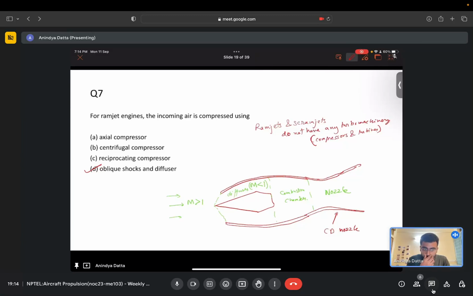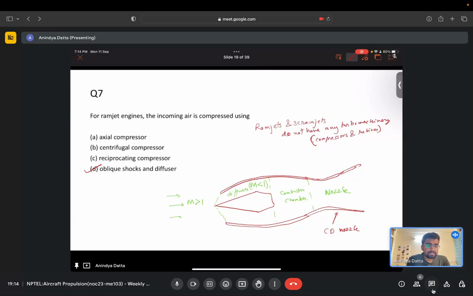And we don't have any rotating parts. Remember that in turbojets and turbofans, the turbines, fans and compressors are the turbo machinery, and all of that is absent in ramjets. Since we don't need a compressor, the turbine needed to drive the compressor is also not needed.